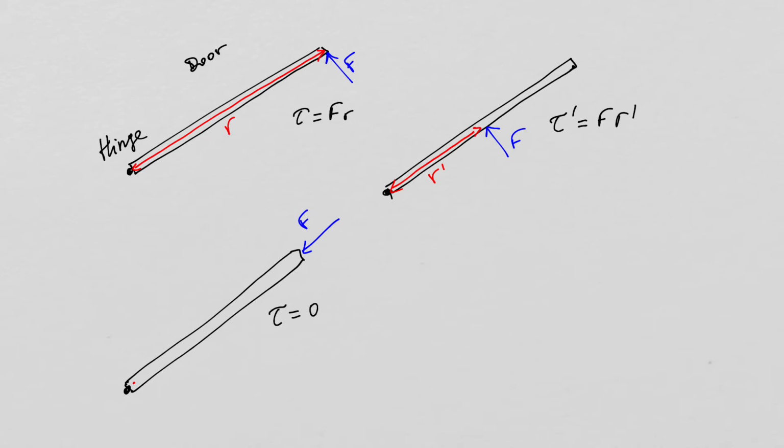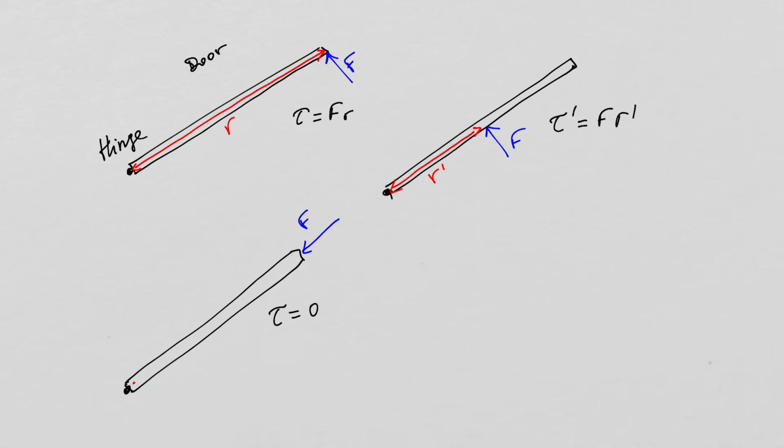And why is that? Well, because there is no actual distance, in the sense of those previous two examples, from the point where the force was applied to the axis of rotation. Here there is no such distance because the force and this line that connects to the hinge are parallel to each other.